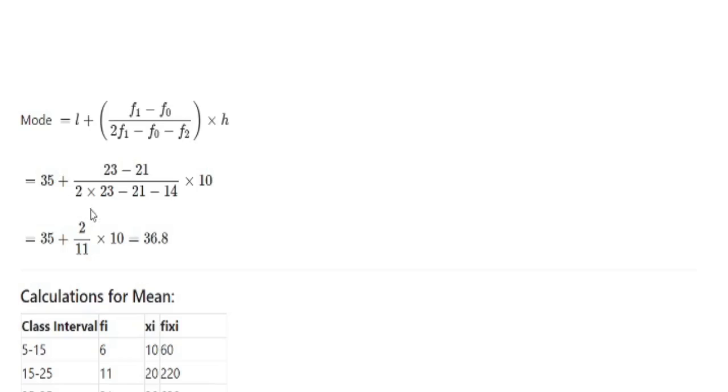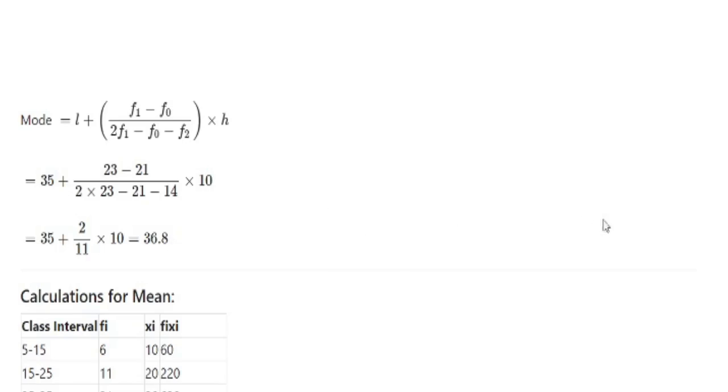Simplify it and you will get 36.8. So take care of this calculation. Here 35 plus 2 by 11 into 10. It is a multiplication: you have to solve 2 by 11 into 10, then add it to 35. So the mode equals 36.8.